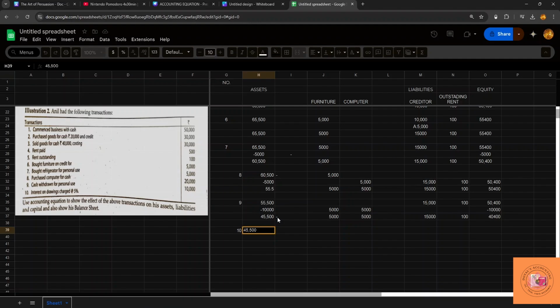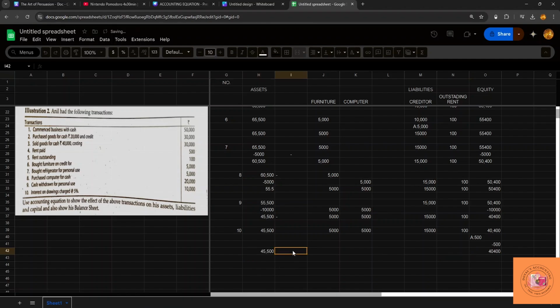And we know that interest on drawings is just a capital transaction, so our assets will not be affected, nor will our liabilities, but only our capital. Add 500 and minus 500, so the net effect will be 40,400.